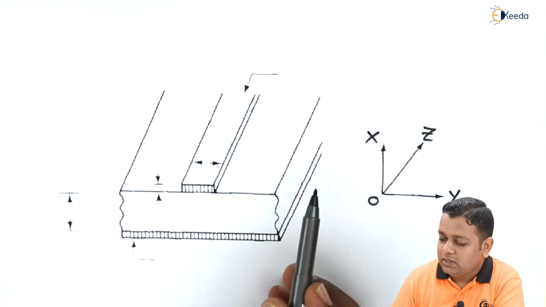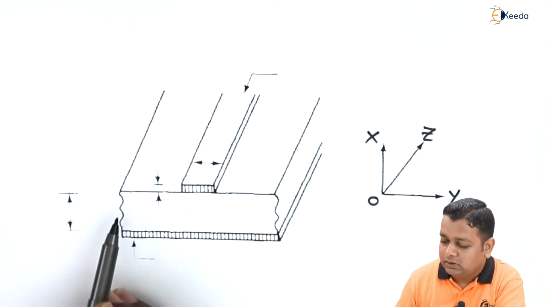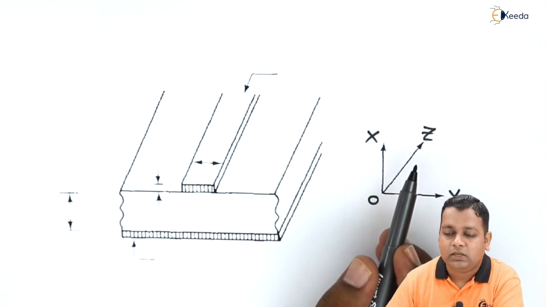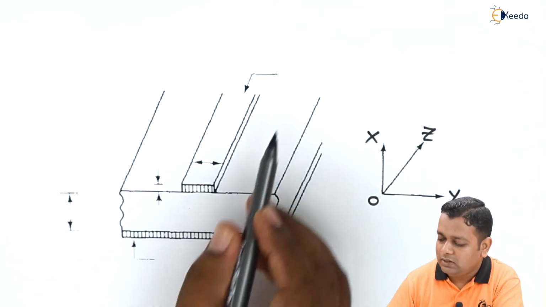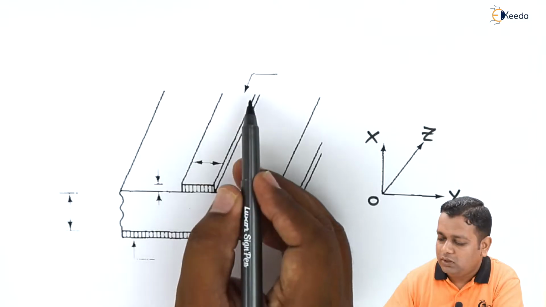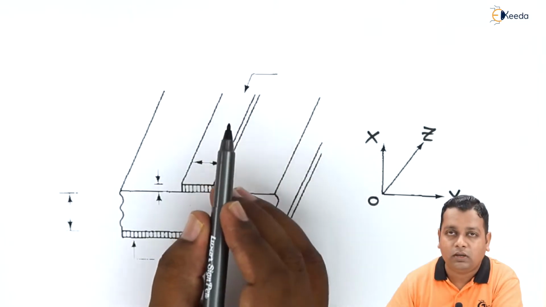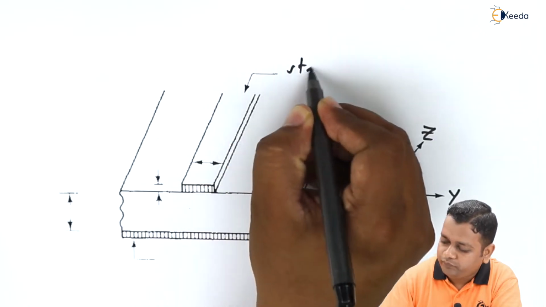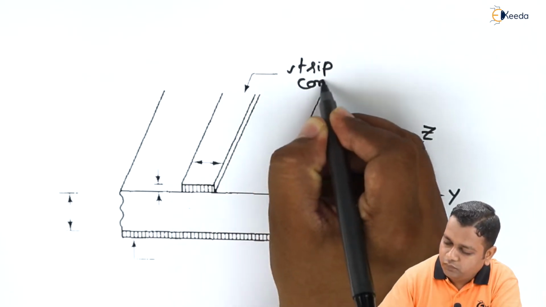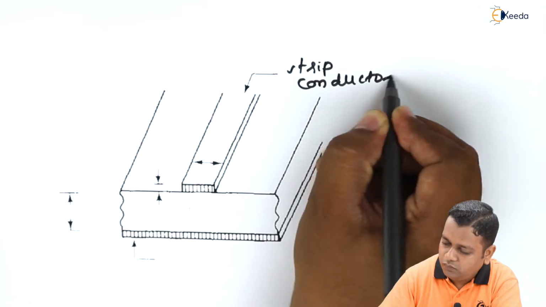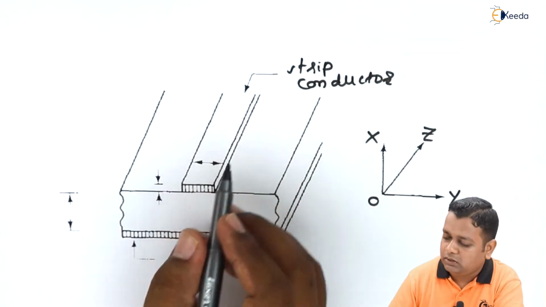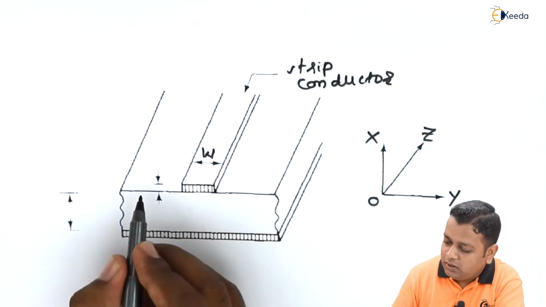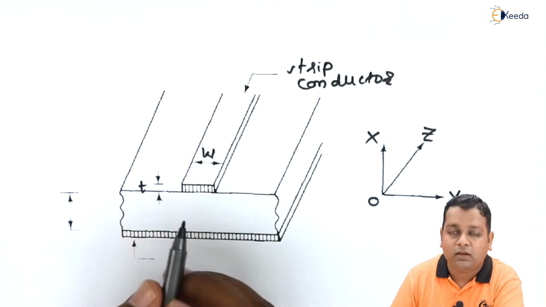Now we consider a microstrip line that runs with its length aligned to the z axis, and in this structure the most important part is the strip conductor. We have a strip conductor whose width is denoted by capital W, whereas the thickness is denoted by small t.